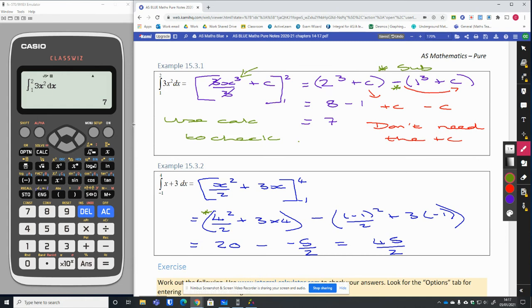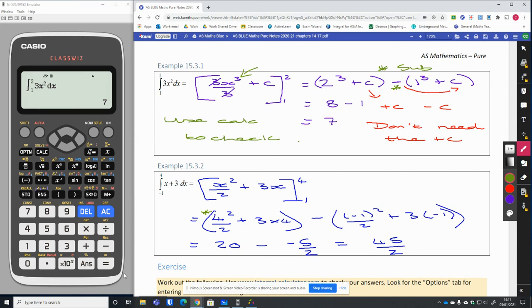I'm saying to them, look, I am putting that upper limit into my expression, and then I'm putting my lower limit in and I'm subtracting, because that is worth method marks and it will pick up the accuracy marks. If you substitute in and mentally calculate something wrong, for example, putting -1 in here and therefore getting -1/2, because you've put it into your calculator without the brackets, then you will lose the accuracy marks, whereas I've got a chance of picking them up just by substituting it in.